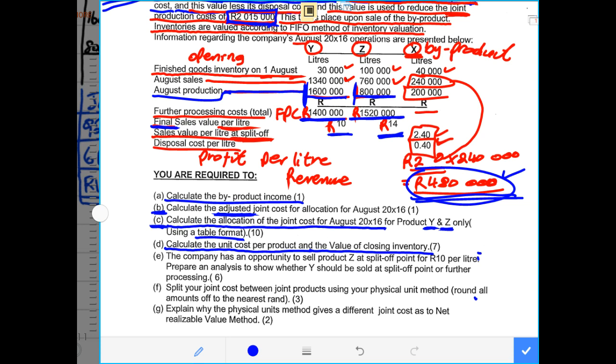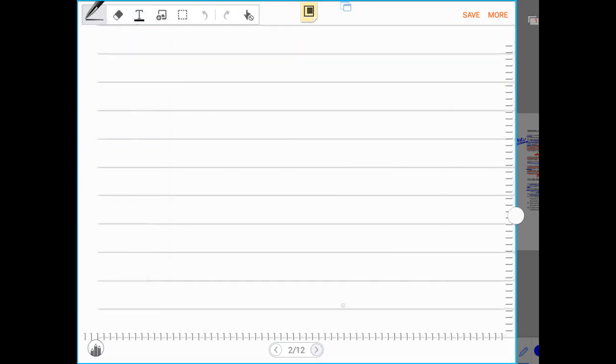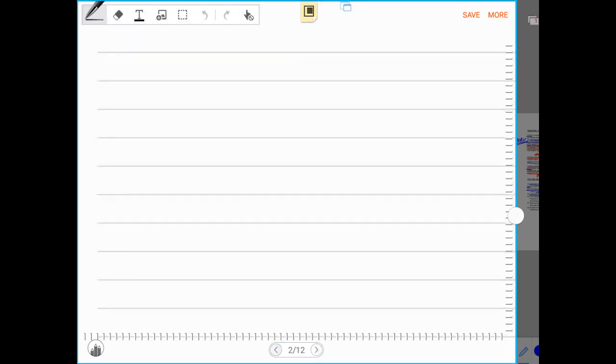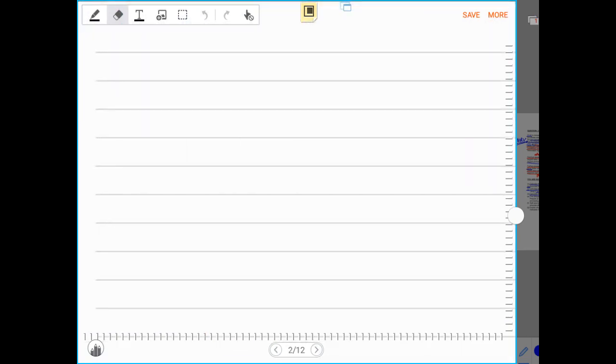So let us first calculate the unit cost, then the closing inventory. We are looking for the closing inventory for all the 3 products, and this is number D that we are doing. Because of space, let us start on a new page.